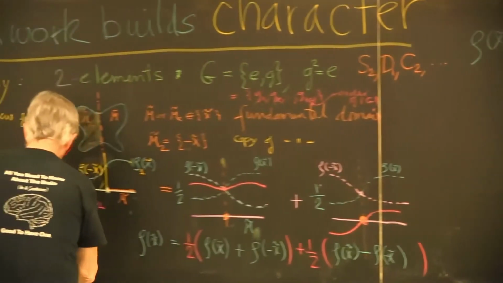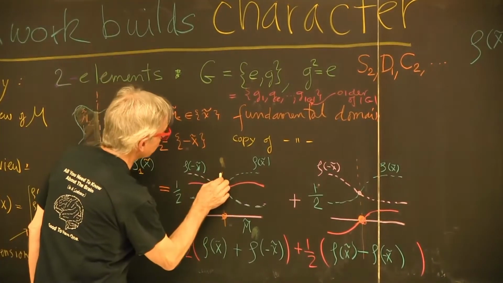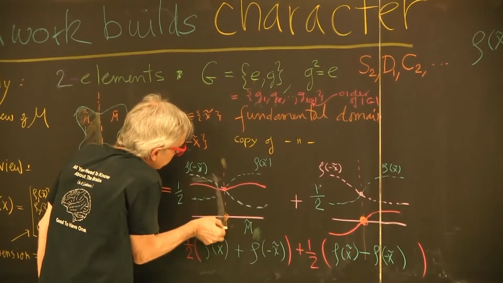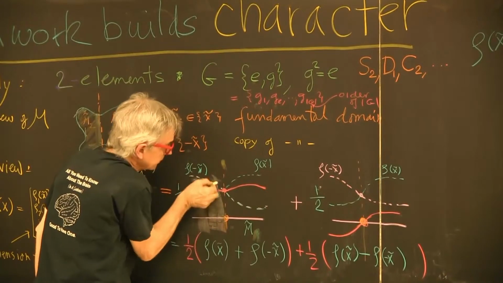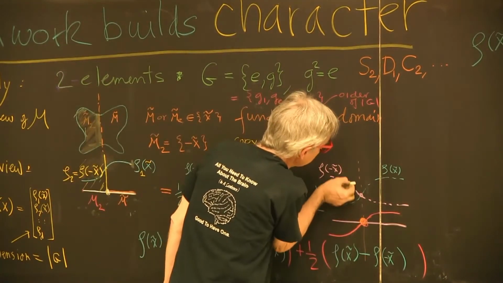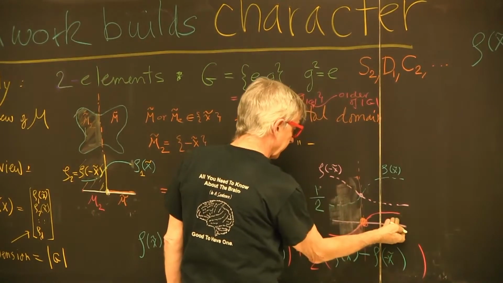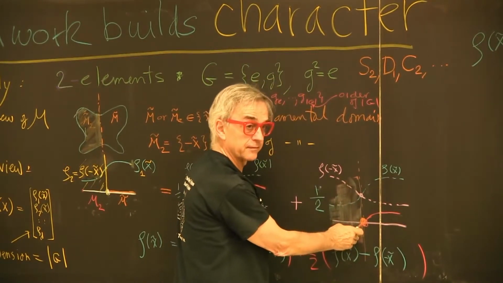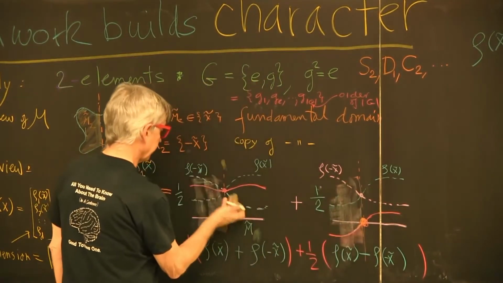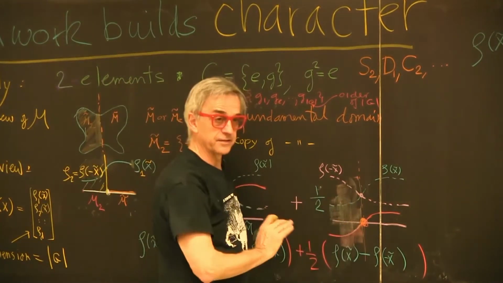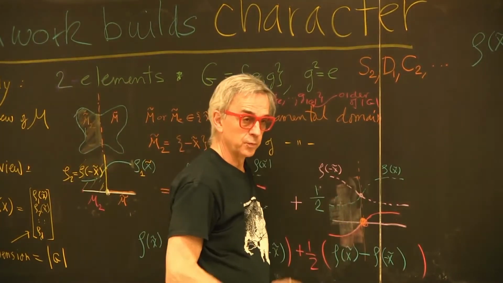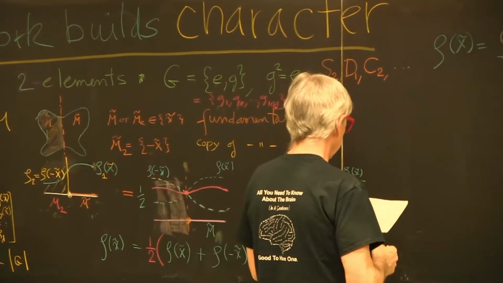And it's sufficient to do all this work just on the half of the space. I don't need to know what's happening in the reflected image, because if I have this, there's just a symmetric reflection of it. This is symmetric on the reflection, this is antisymmetric. So it's sufficient to do work on the fundamental domain and look at this object.